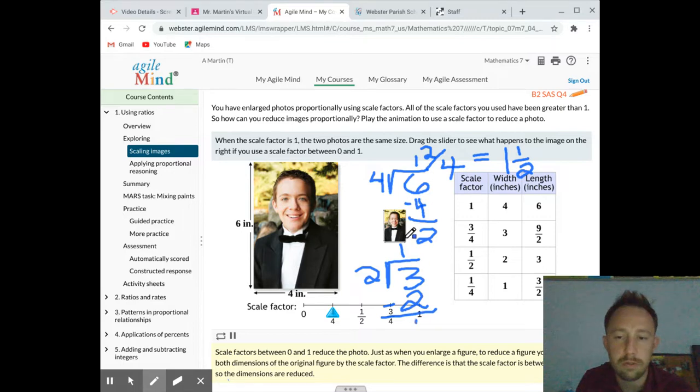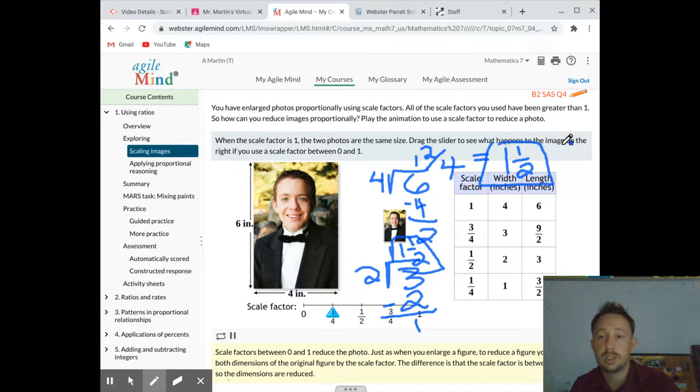So what do we get for our answer? 1 and 1/2. So are these equivalent to each other? Yes, they are. So that does mean that our quotients are the same, just like they are in enlargements. All right, so this lets us know that this table is proportional.